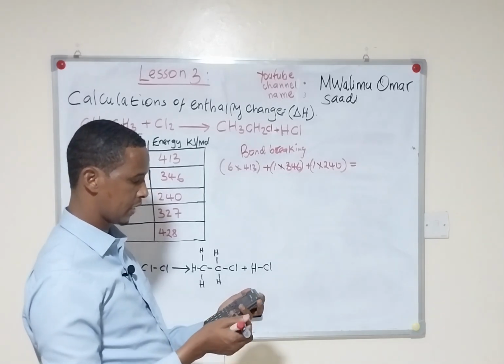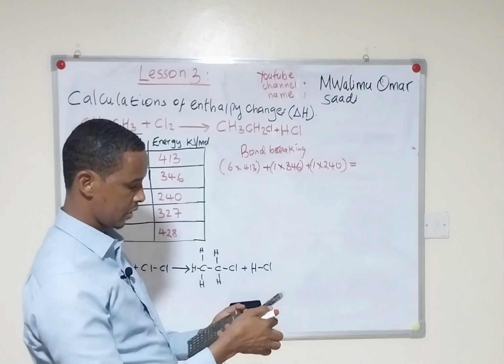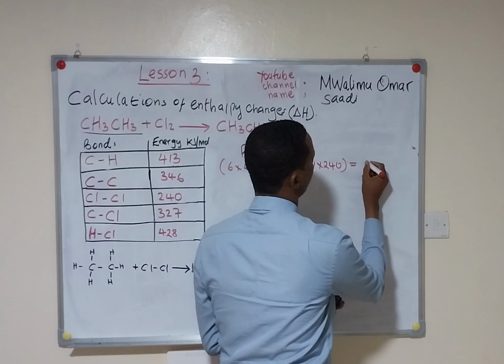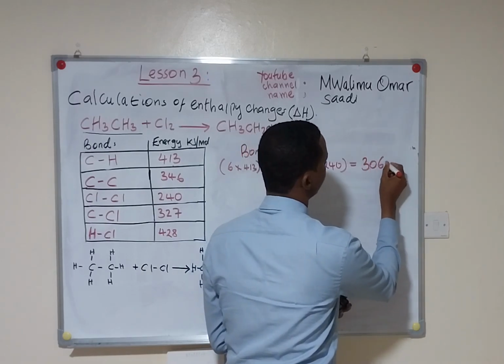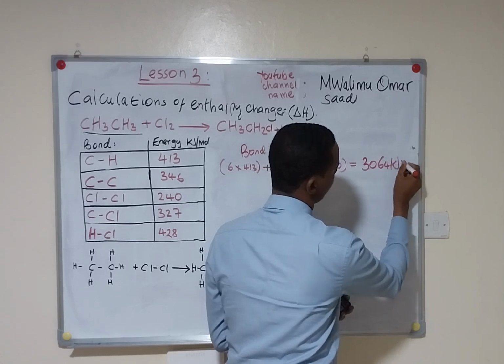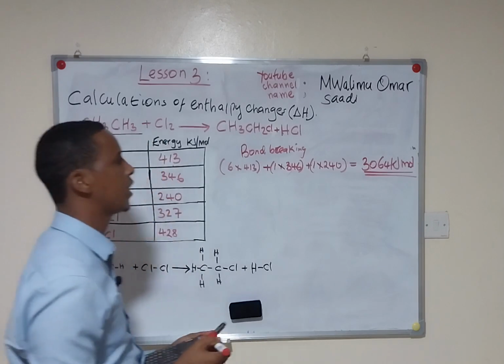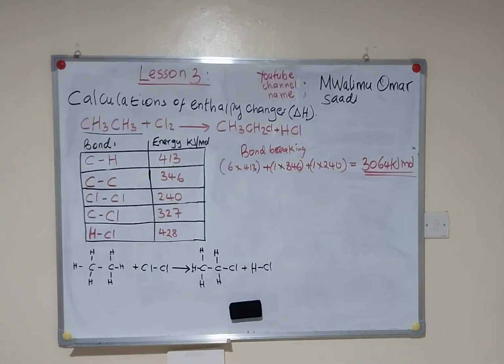So that is 3,064 kilojoules per mole. So that is the energy for bond breaking.